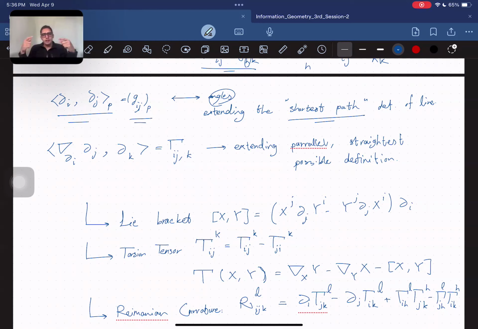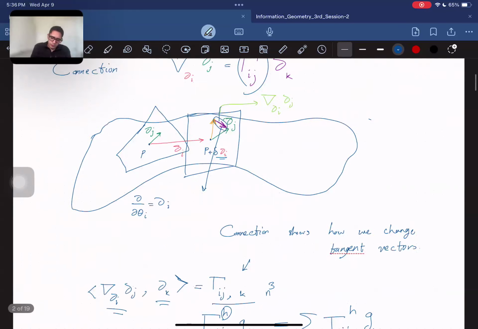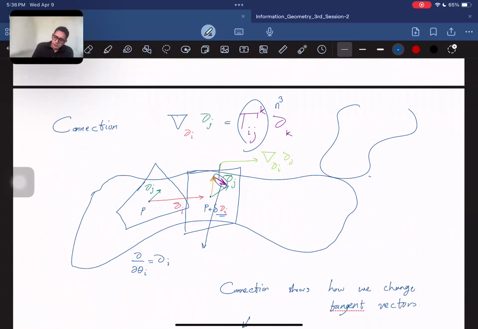Also, the connection, as we saw earlier, can extend the parallel or straightness of the line. If you remember, we are interested in those curves like gamma and vector fields x, that when we look at the connection of gamma dot and x, it would always be zero for all t in 0 to 1.